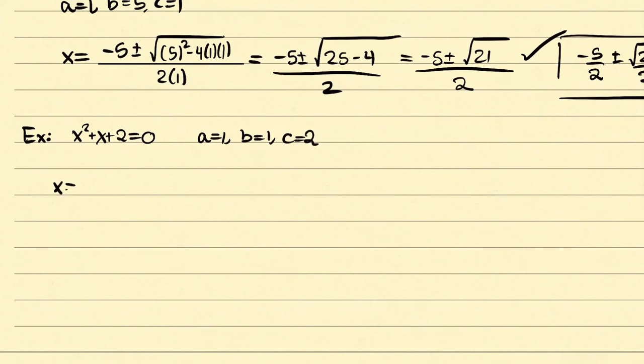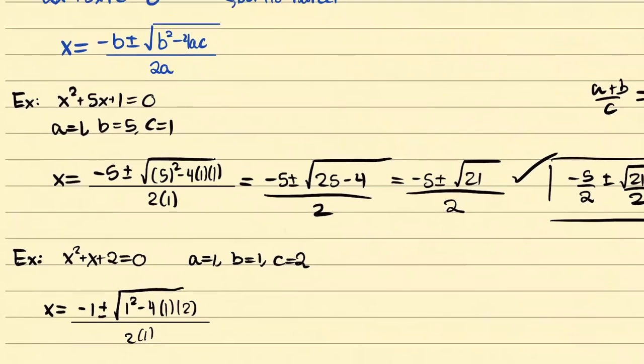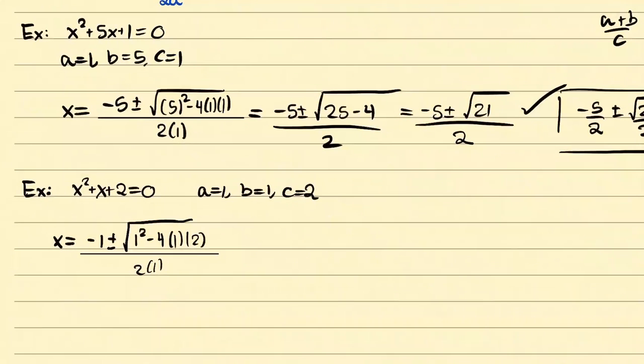So let's plug that in: negative B plus or minus the square root of B squared minus 4AC, all over 2 times A. That's me plugging in the numbers to the quadratic formula. Here I get -1 plus or minus the square root of 1 minus 8, over 2.